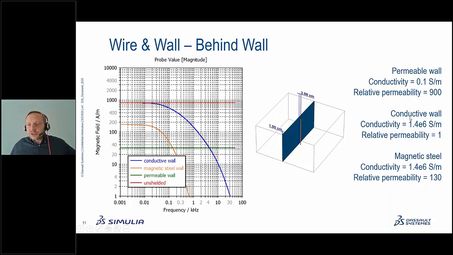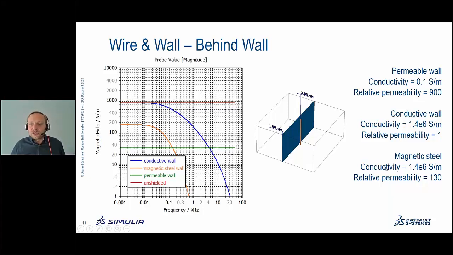Then I have not only taken a conductive wall, I have taken a permeable wall without any conductivity, and you can see that the shielding effect of a permeable wall is pretty different. It's not frequency dependent like in a conductive wall. It simply drops the whole field by a certain amount, which depends, of course, on the permeability, and we get a reduced field here, which is flat over all the frequencies.